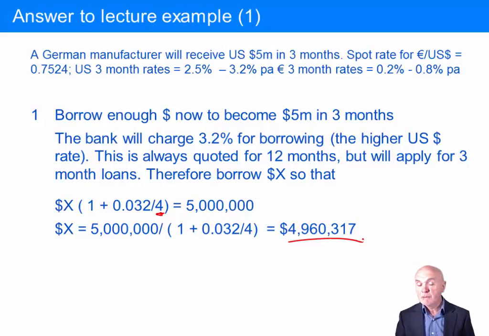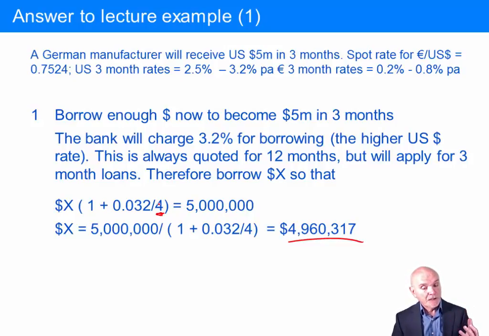And you can work that backwards if you like, just to check that it's working. You can take 4,960,317 times 1.008, and that comes back to 5 million. So that's, as I say, kind of on the back burner.